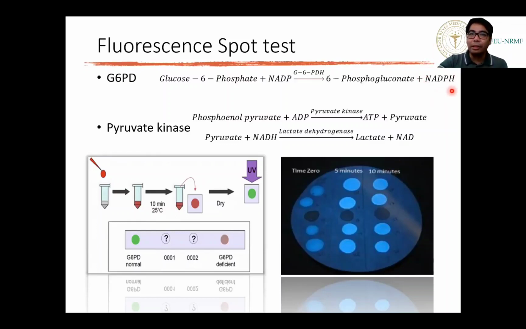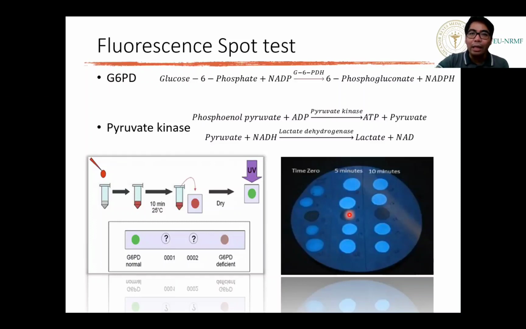Now, if the result ay intense, i-compare yun sa control. Kaya maglalagay ka ng test, tsaka positive and negative control. You will compare the intensity of the fluorescence of the drop of blood sa mga controls. Dapat nagko-coincide yung intensity ng fluorescence ng sample ng pasyente doon sa control. Ito yung sa pasyente, ito yung control, at yung negative control.